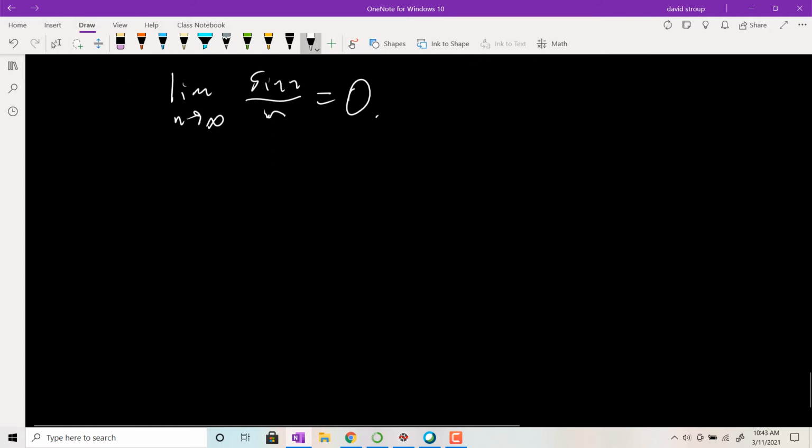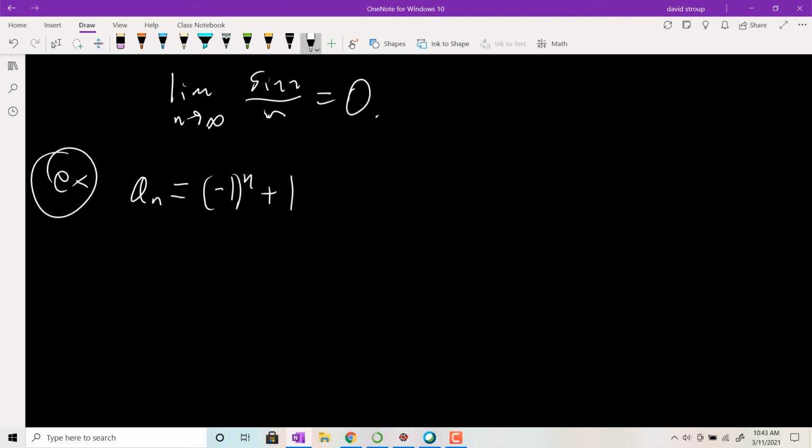You're going to see sequences that are kind of, okay, so let me show an example. A sub n equals, let's say, -1 to the n plus 1. Okay, so what the heck is this thing? A sub 1 will be -1 to the 1, which is -1 plus 1, which will equal 0. A sub 2 will be -1 squared, which is 1, plus 1, which equals 2.